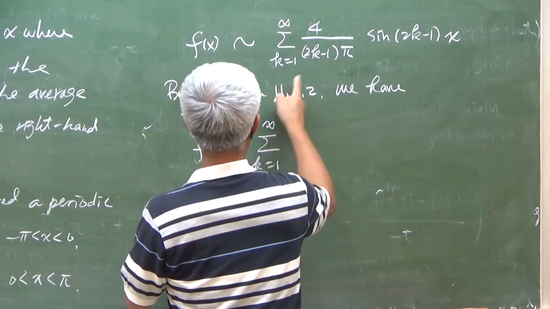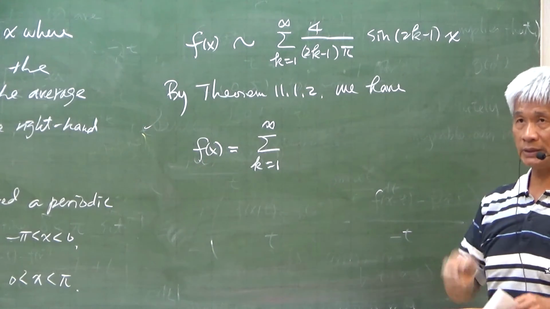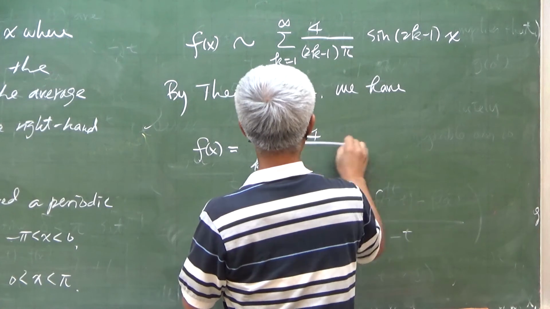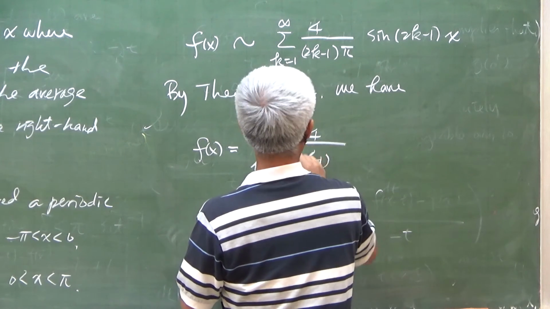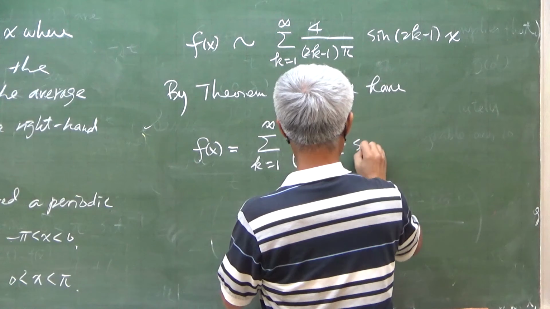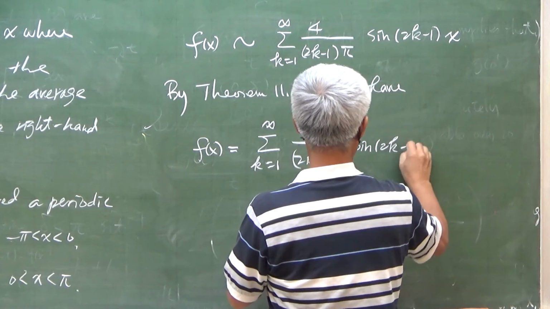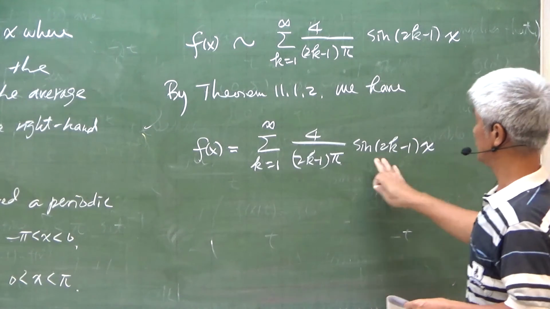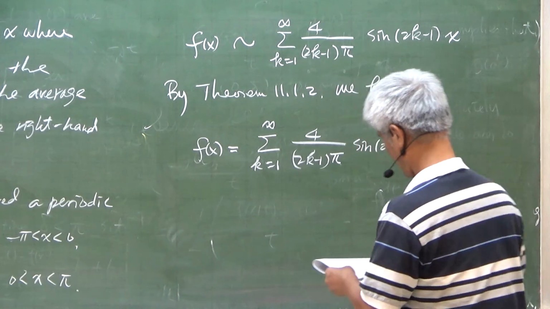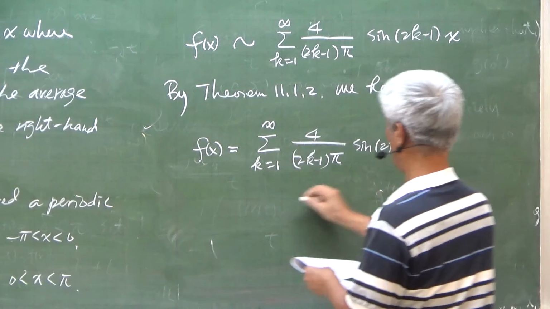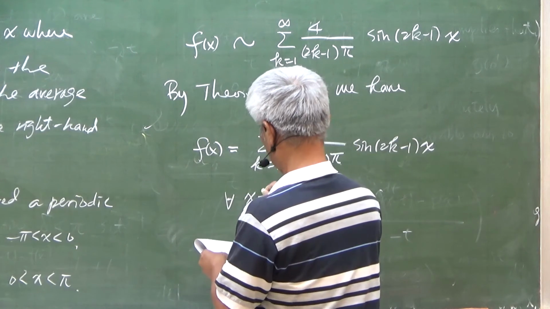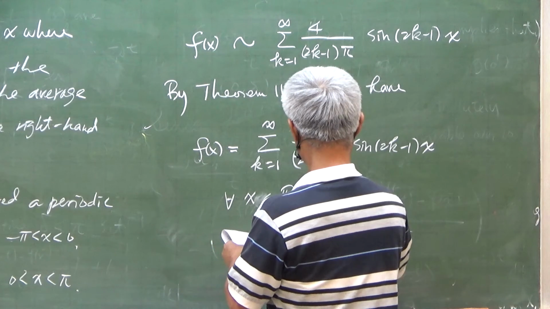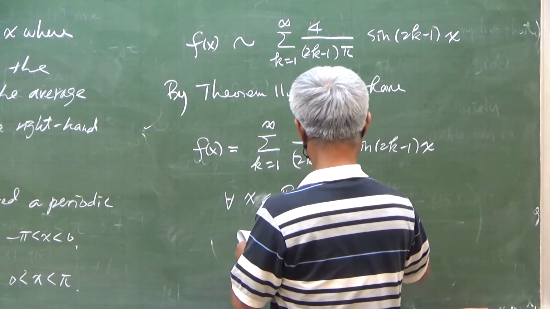So actually, this Fourier series converges to f of x for all x in R except n pi.